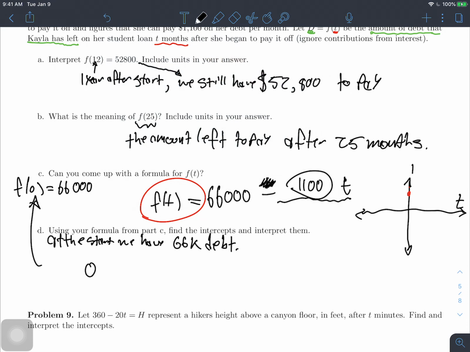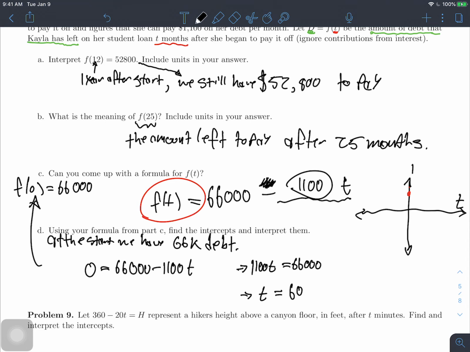I'm going to write down 0 equals 66,000 minus 1,100 t, and I'm going to solve this equation for t. Okay, so I'll just move the t over to the other side, so I get 1,100 t equals 66,000. And I will divide by 1,100 on both sides. That means that t is going to be equal to, what, 60? 60. Okay.